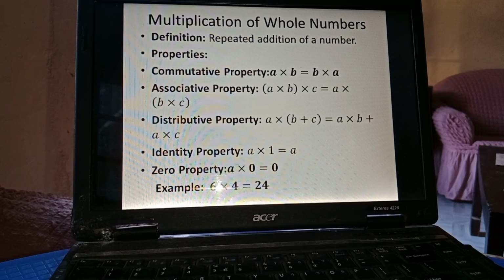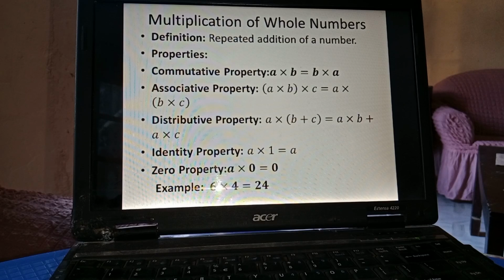Associative property: A times B, you get that product, times C. You can also start with A and multiply it by the product of B and C. The result is the same. For example, 2 times 3 is 6, and 6 times 4 is 24.